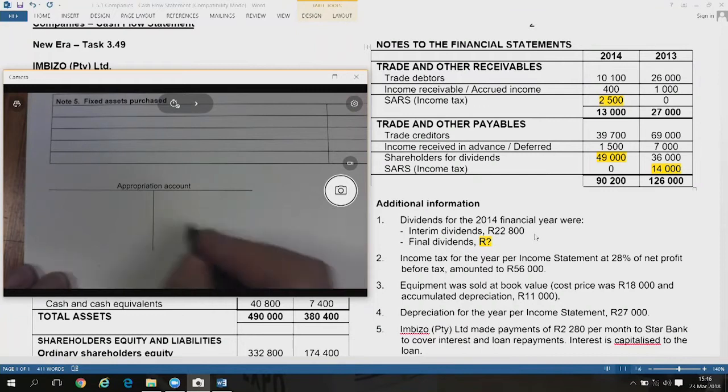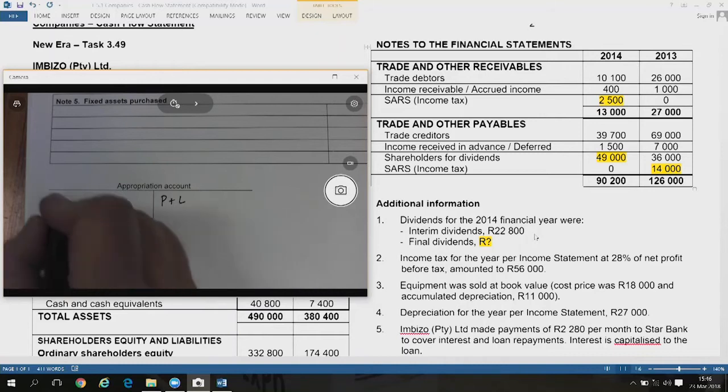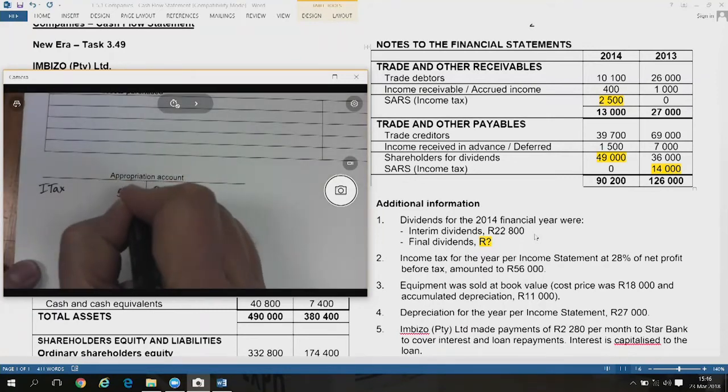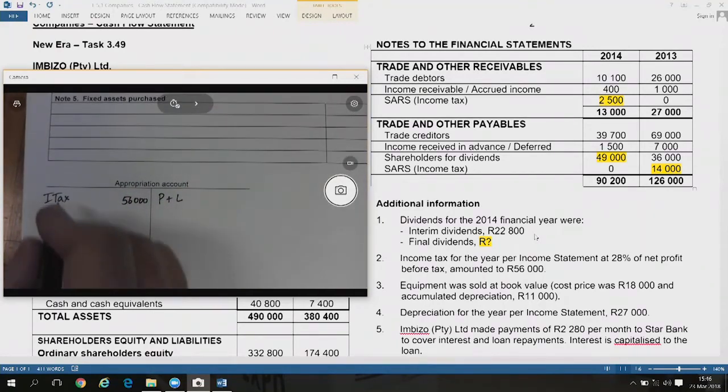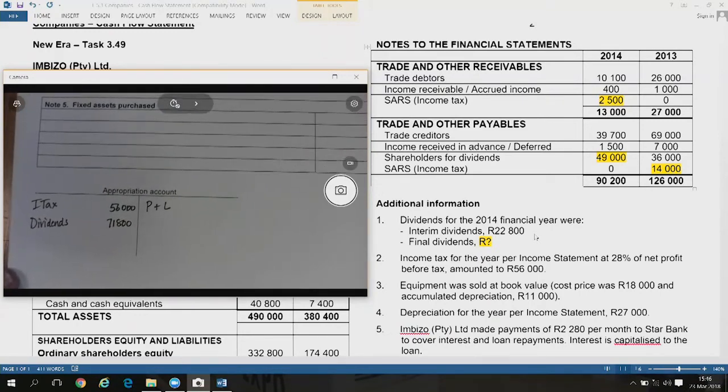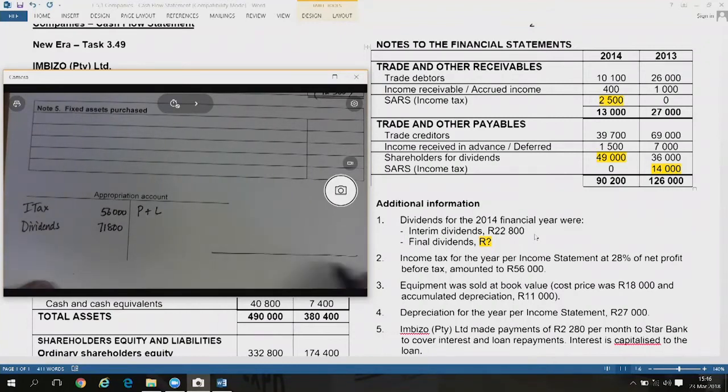If you look at your appropriation account, profit and loss is there. We've got income tax on this side. Remember, the income tax is there in information number 2: 56,000. We've got dividends on ordinary shares, which is the 71,800. Then we've got our retained income account there.